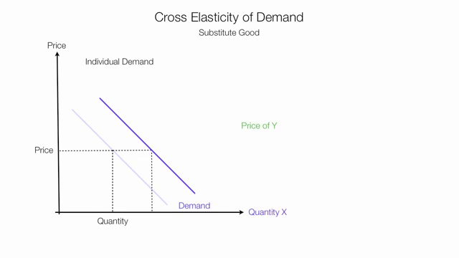Price remains the same, but quantity increases. Quantity goes up, but price remains fixed because an individual consumer can purchase all they want at that price. Quantity increases from quantity 1 or Q1 to Q2. That's what makes it a substitute good.